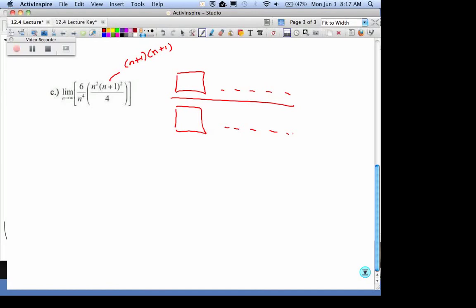if you just multiply the bottom here, we're looking at 4 n to the 4th. But if you multiply what's on top, again, you don't waste your time. What are you going to get for a first term here? N squared, right? Times another n squared would be n to the 4th times 6.